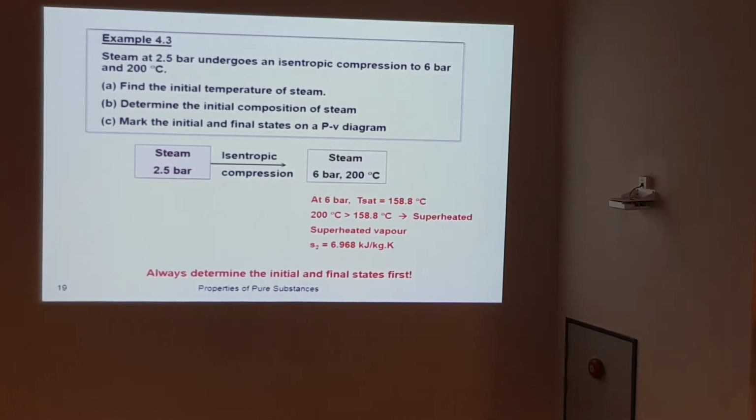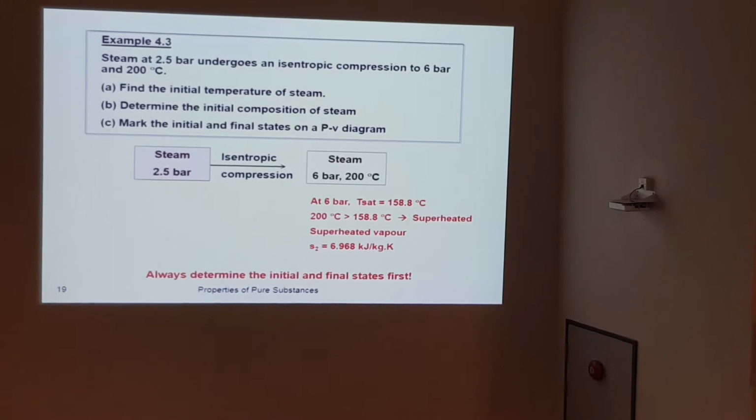Just now I mentioned already, you go to the steam table under 6 bar, the saturation temperature you find is 158.8. Now the temperature given is 200, already higher than this, so it's superheated. So if it's superheated vapor, you should choose the superheated steam table to find the entropy.